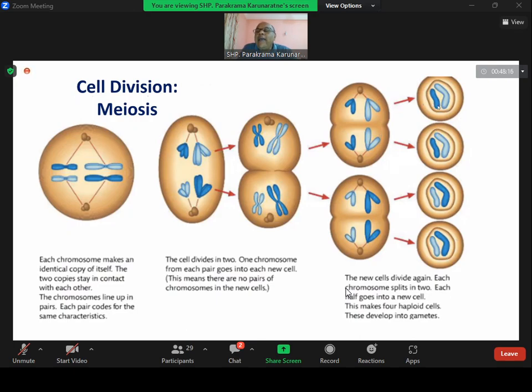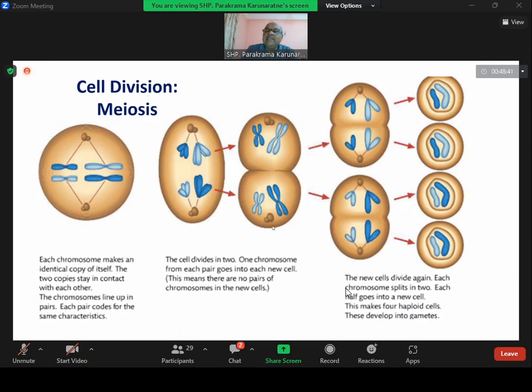Each cell has only two chromosomes, not four. The mother cell or parent cell had four chromosomes. Now you get only two, one chromosome from each pair. You understand? This cell division is called meiosis, and the earlier one was called mitosis.